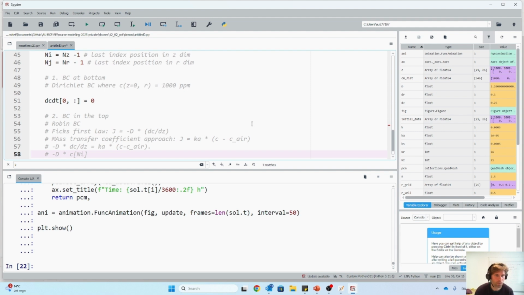So this is at position ni, and it will be ni plus 1, and at all radial positions, this is central differences divided by 2 times dz, which is equal to Ka, and it would be Ni.